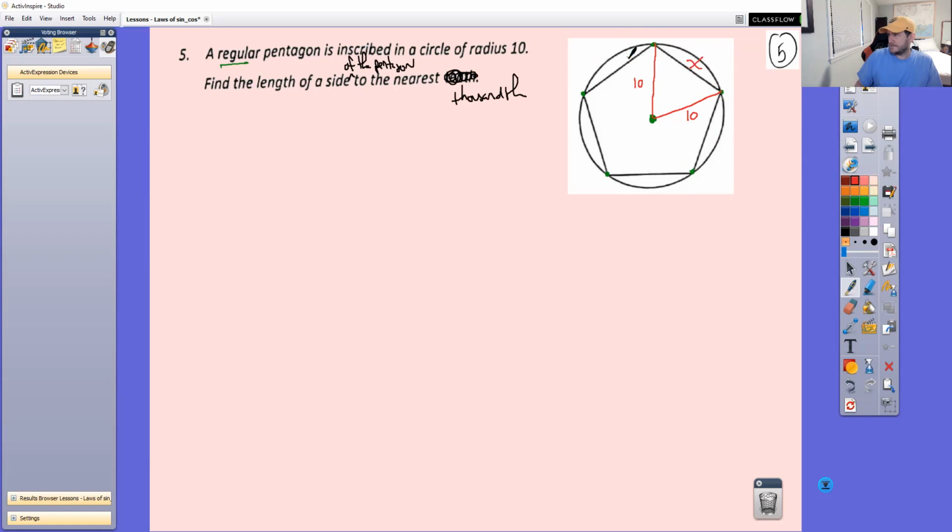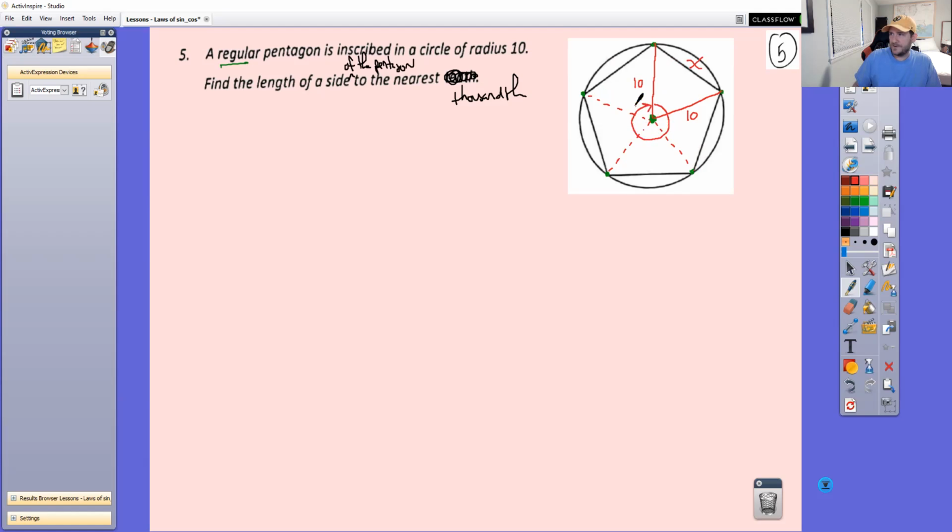So we're missing something. We know that to solve, we would need an angle. And ideally, the angle that we want is the one that's opposite from x, so that central angle. And it's pretty easy to find, as long as you draw in the other radii. If this wasn't already obvious, I think it becomes obvious that what we've got here is 5 angles that all fit around a single point.